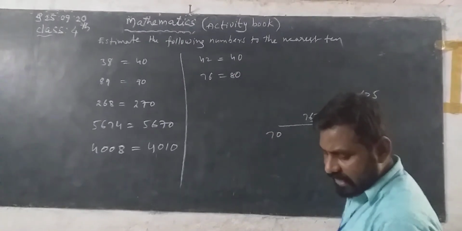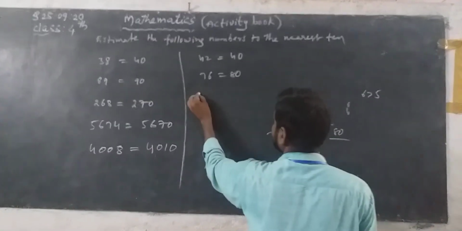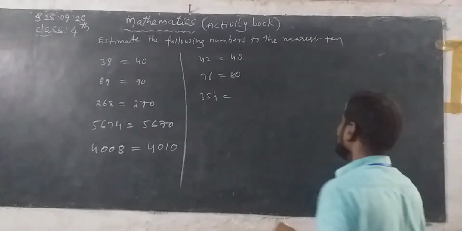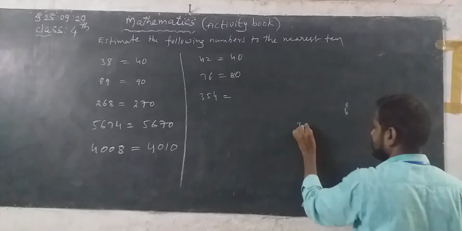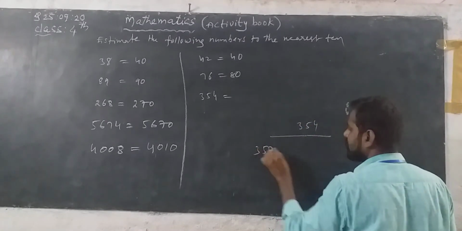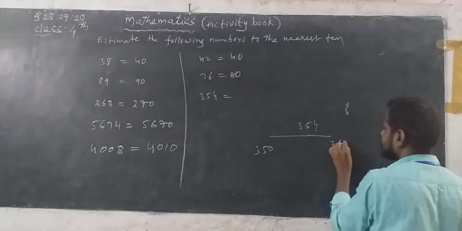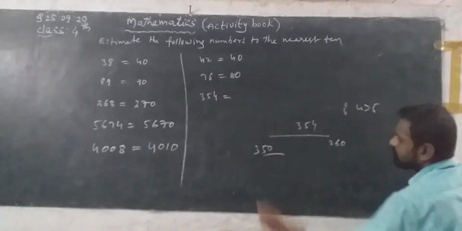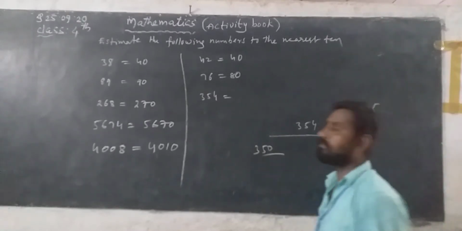Now next, 354. See here, 354 lies between 350 and 360. So 4 is less than 5. So I have to take before tens, means 350.